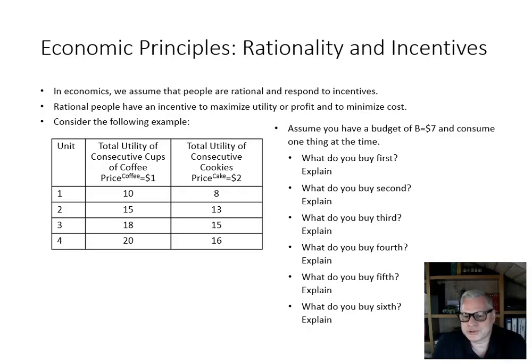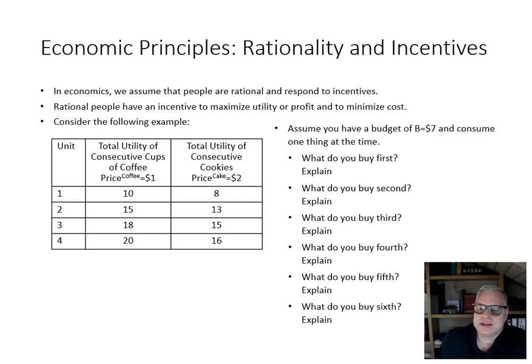But let's get first a feeling for the concept of rationality and incentives. And specifically, let's have a look at how people maximize their utility when they are subject to a certain constraint.